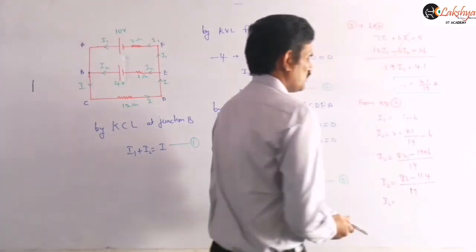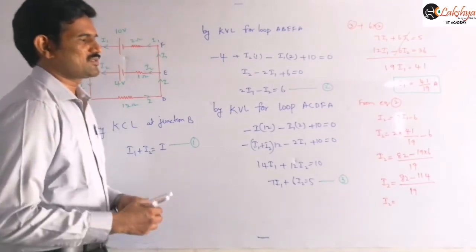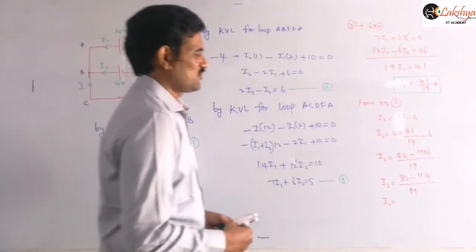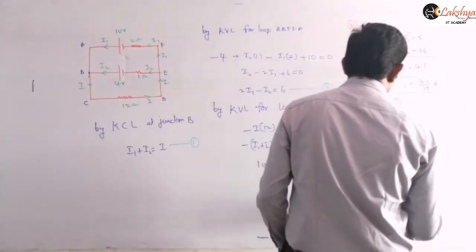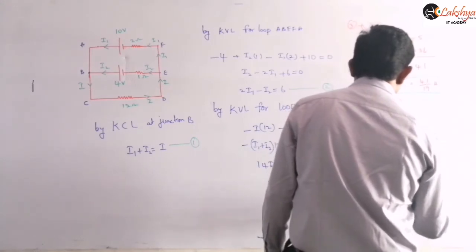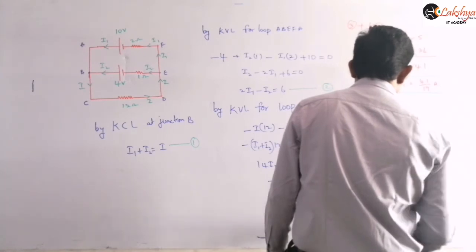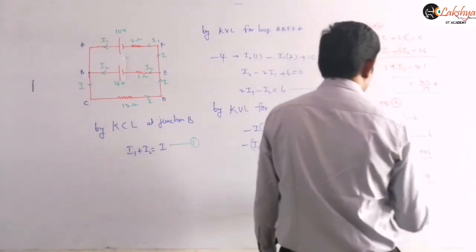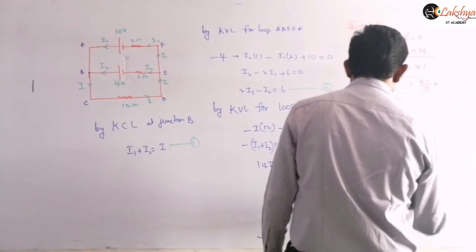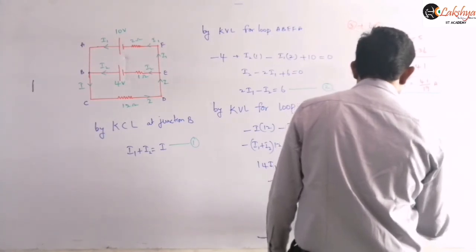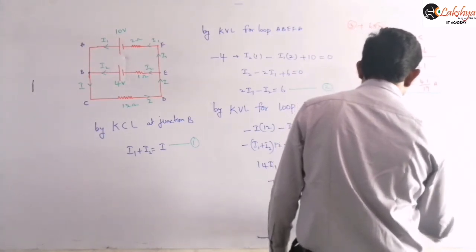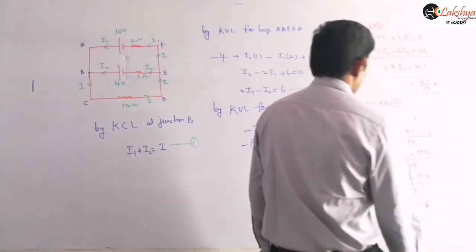Therefore 82 minus 114 means we can write this as minus 32 by 19 amperes, right?